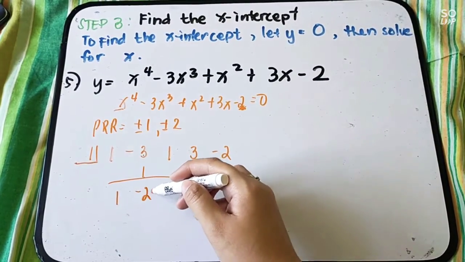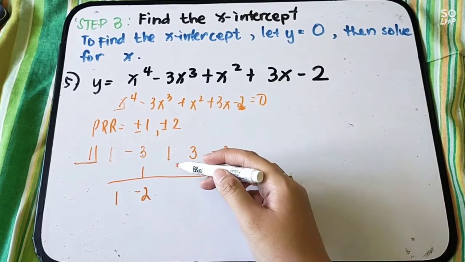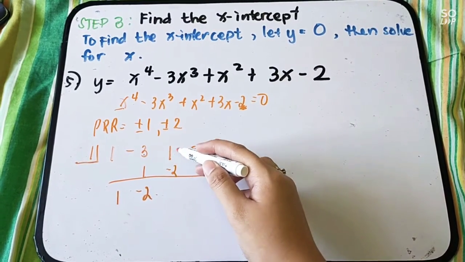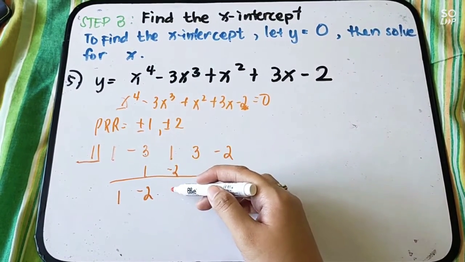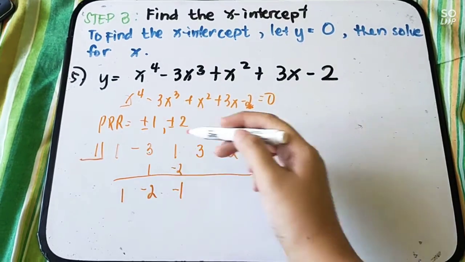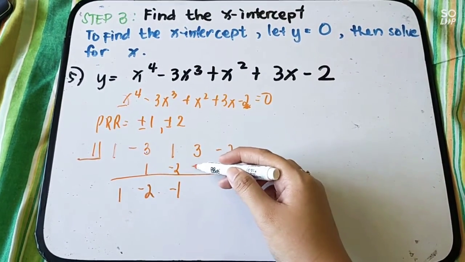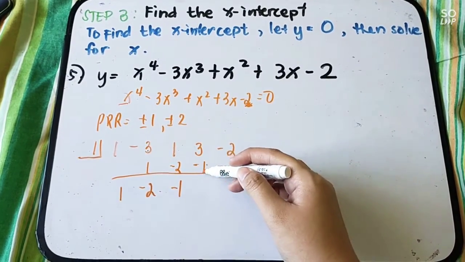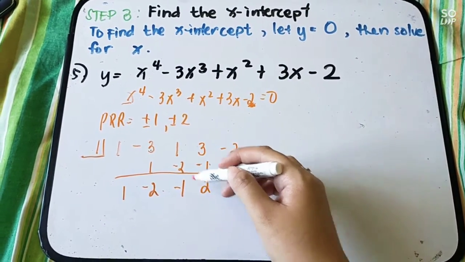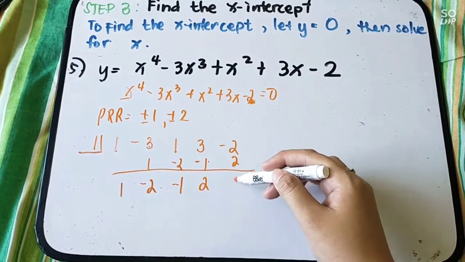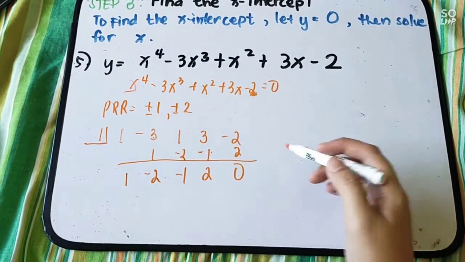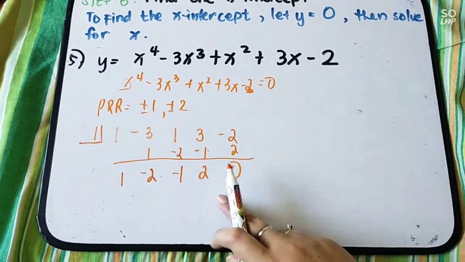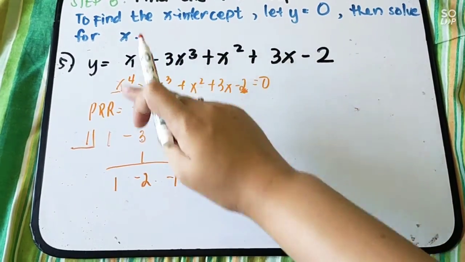Add, we have negative 2 times 1, multiply. That is negative 2. 1 plus negative 2, that is negative 1. Times mo ulit, negative 1 ulit. So, this one, we have here 2. Then, 2 times 1, we have 2. We have 0. Okay.